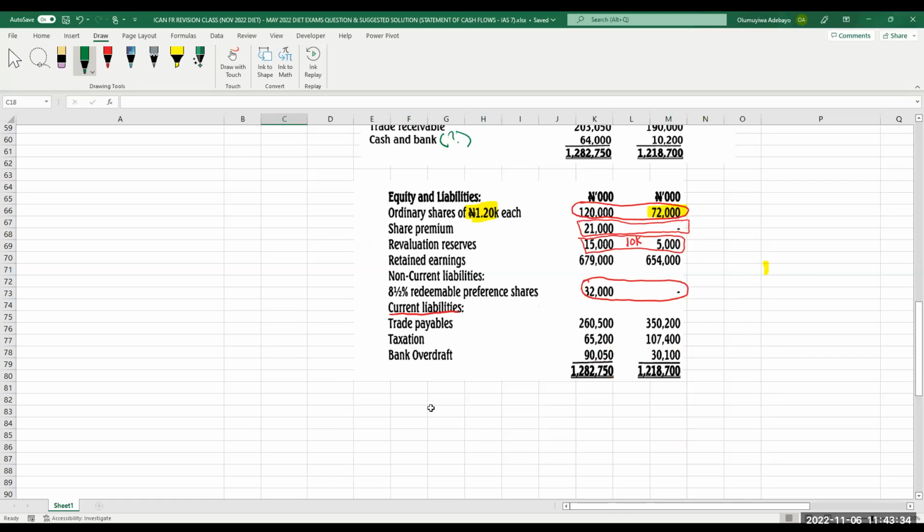Therefore, I come down. I have my trade payable. It has decreased from 350,200 to 260,500.